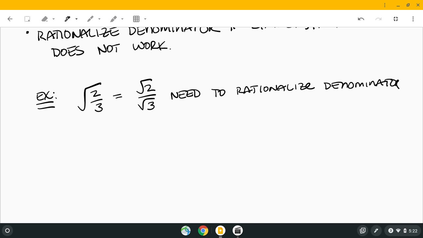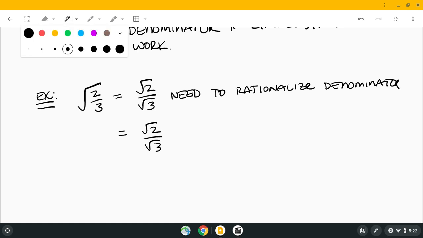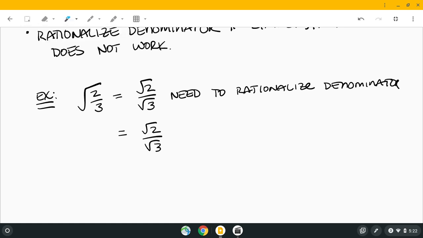Okay, so what I have to do here is turn that square root 3 into a rational number. And the way you do that is by multiplying. Since this is a square root, I can just multiply by square root 3 over itself. Square root 3 over square root 3.